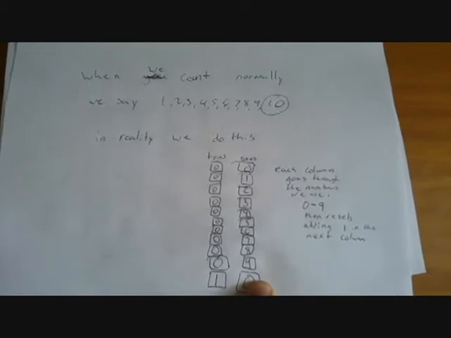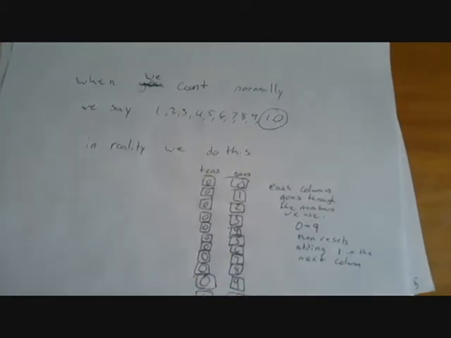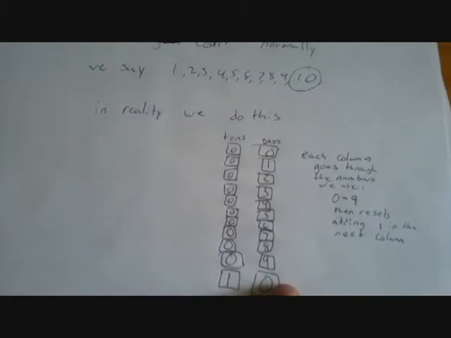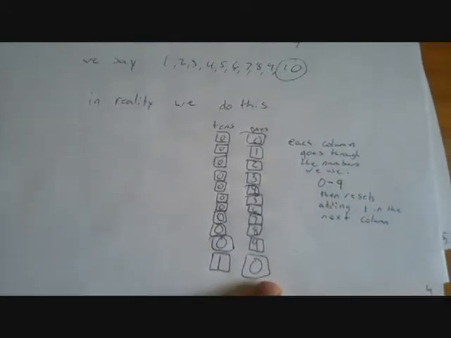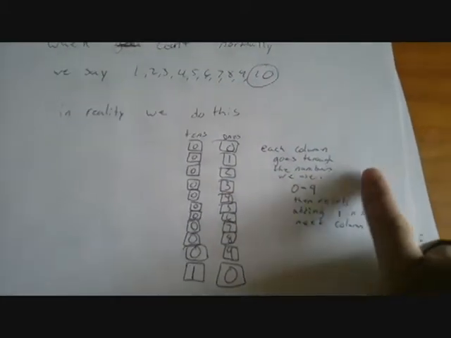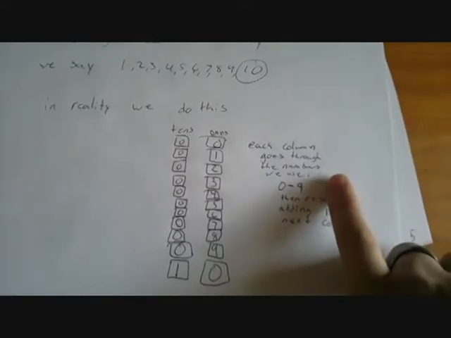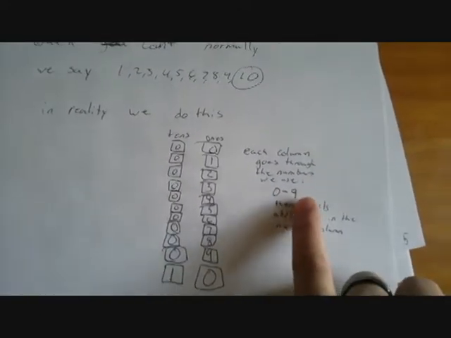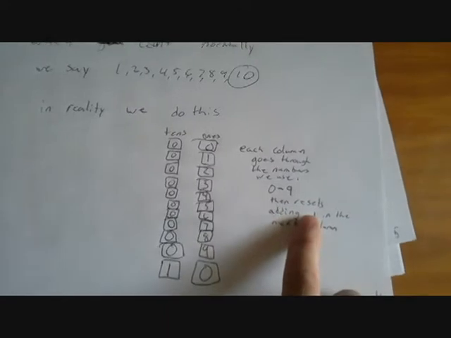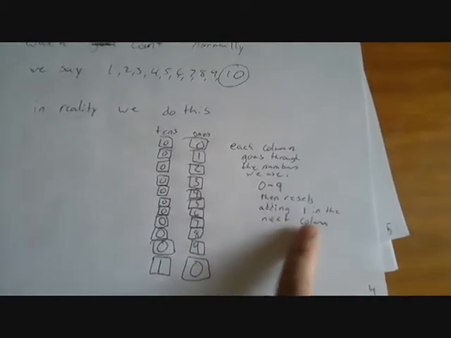When we would add that tenth 1 to the ones column, we don't actually do that. We add a 1 to the tens column and revert the ones column back to 0. Each column goes through the numbers 0 through 9, then resets, adding a 1 in the next column.